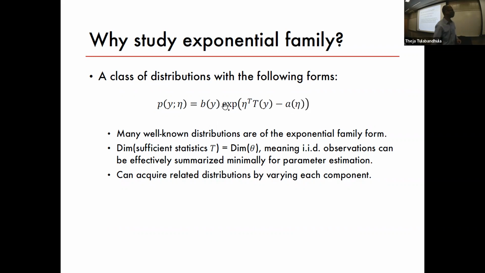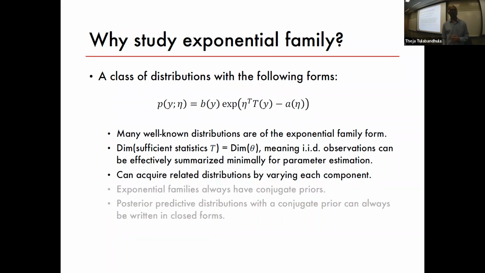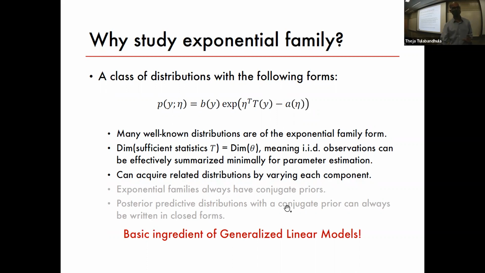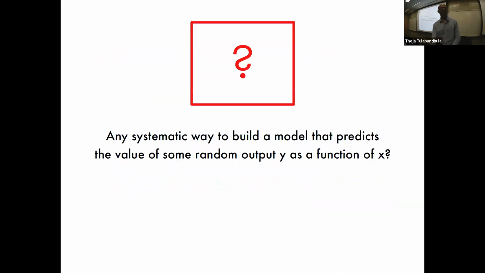So basically these are plug and play: b, t, and a, all the three functions involved here, are plug and play. Let me skip those two points there. But we're studying exponential families because they are the basic ingredient for defining generalized linear models. So in the next slide, let's quickly define them.